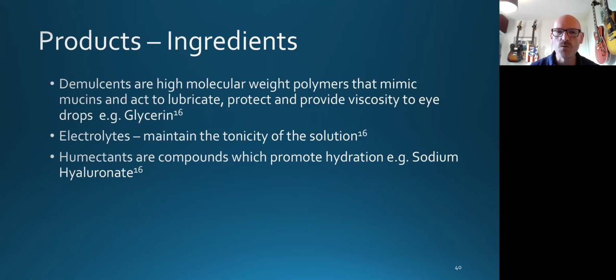And demulcents as well. So these help to form layers, smooth layers over mucous membranes. So they're absolutely brilliant for going in on that basement, that mucin layer against the front surface of the cornea, helping to fill in any gaps and potentially help to promote epithelial healing as well. And also we've got electrolytes, which will help maintain tonicity too.